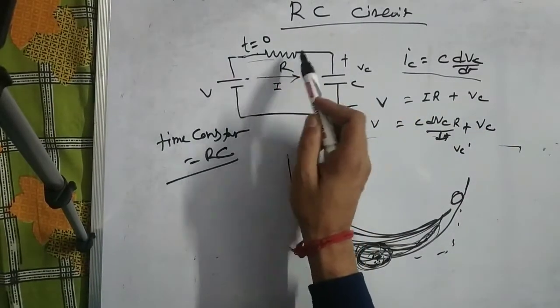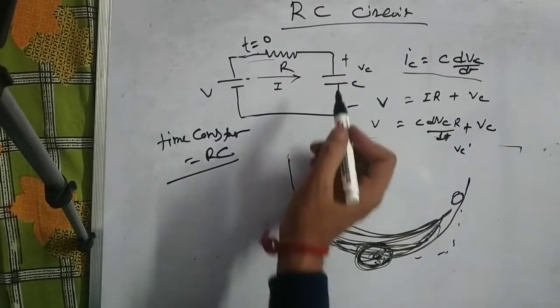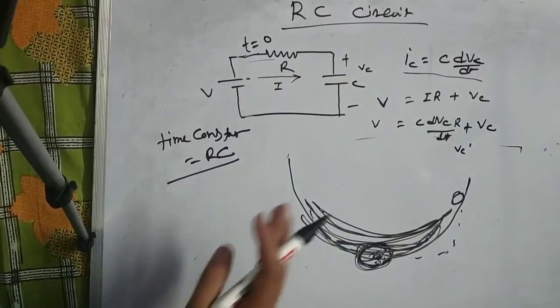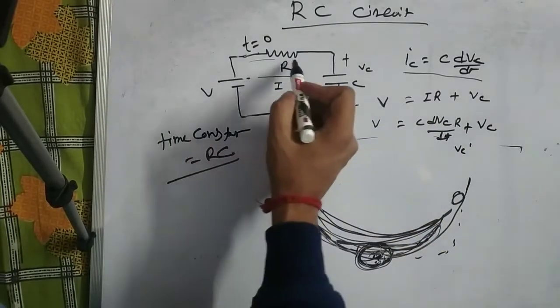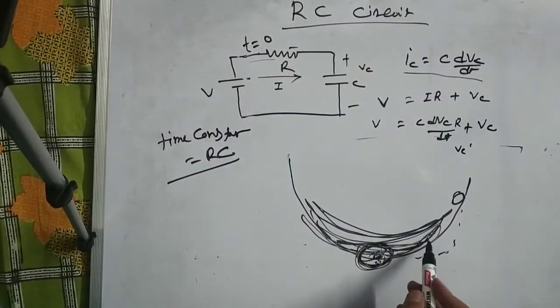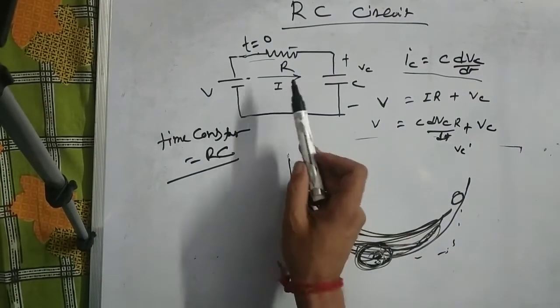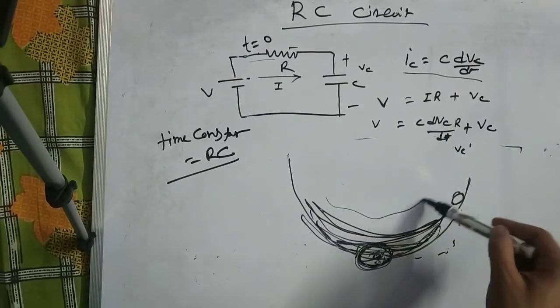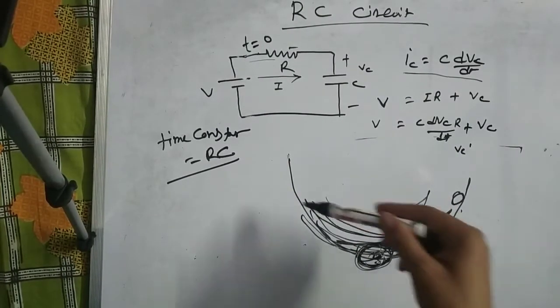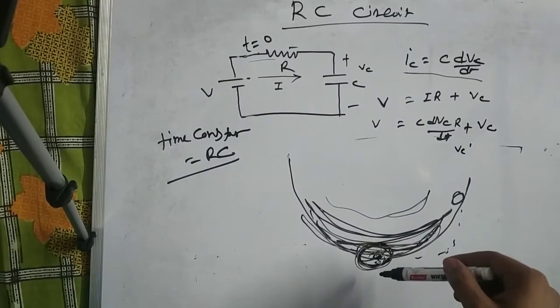Energy will be dissipated through the resistance as heat. The resistance is similar to the friction of the circuit, because if the friction is not there, the oscillation will be more and it will take a larger time to reach its steady state value.